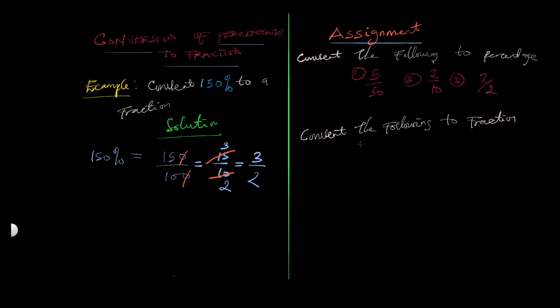And number 4 is 25%. Number 5 will give us 75%. Okay. And the next question will be for us to write the following fractions as decimal.